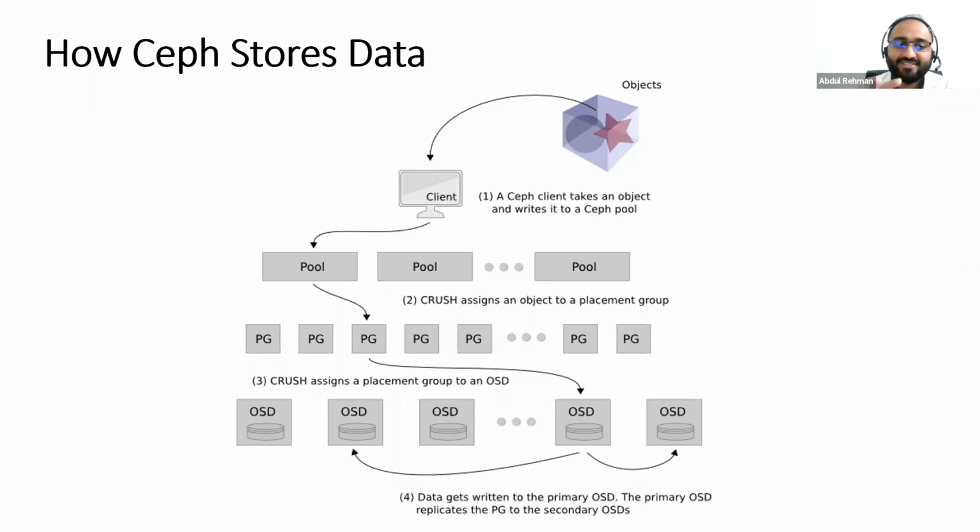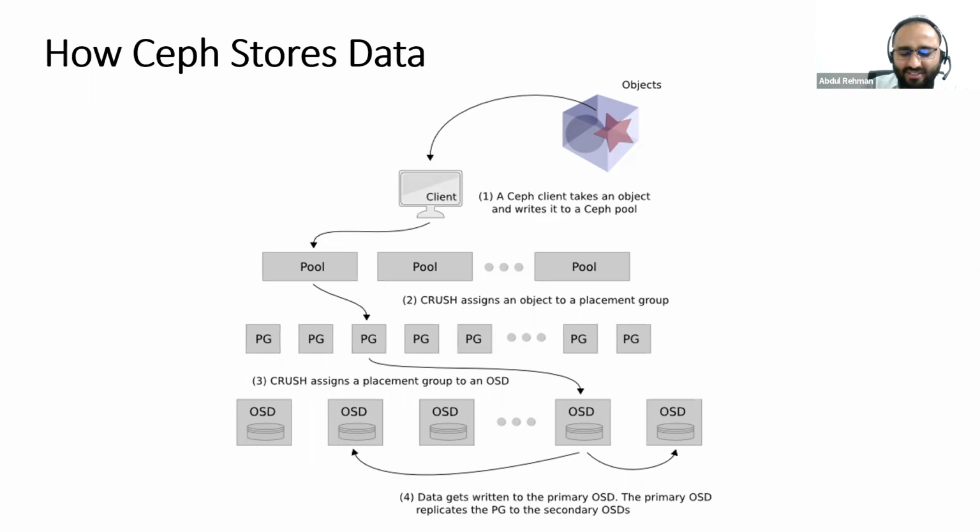Each object is assigned to a specific placement group, and then CRUSH assigns that placement group to a specific OSD.